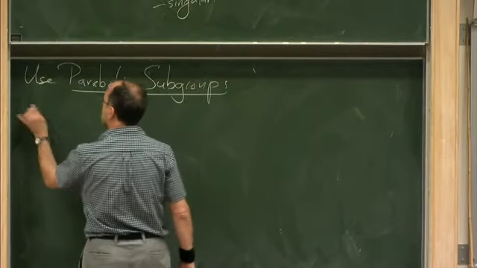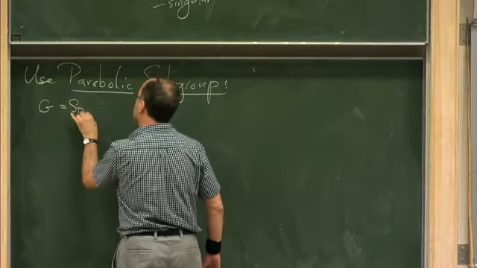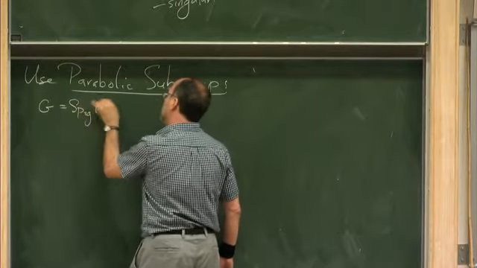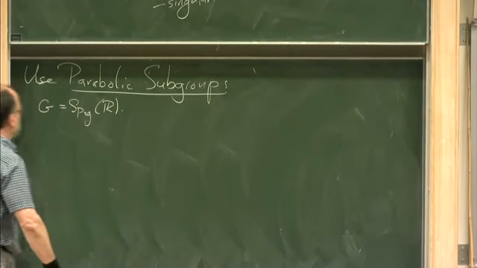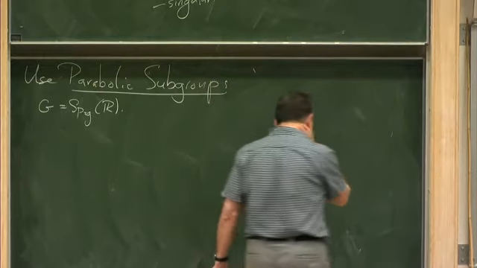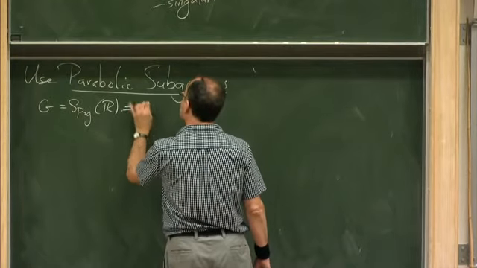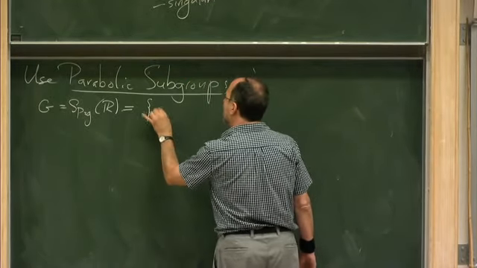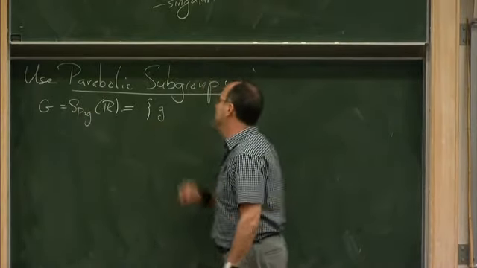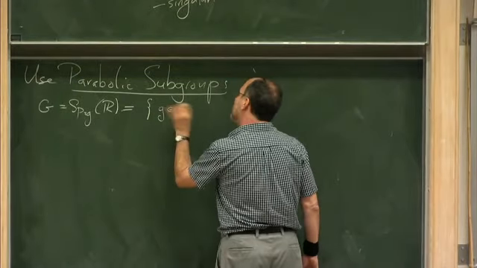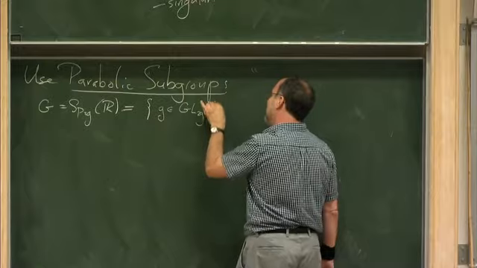I'm going to assume that our group G is Sp_{2g}(R), as in our main family of examples here. I might sometimes use g not only for the genus, but also for an element of the group, but you'll forgive me for that.